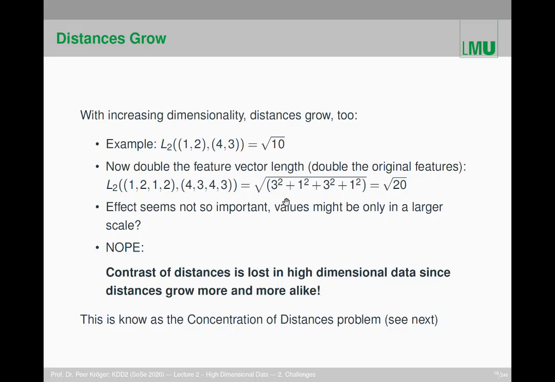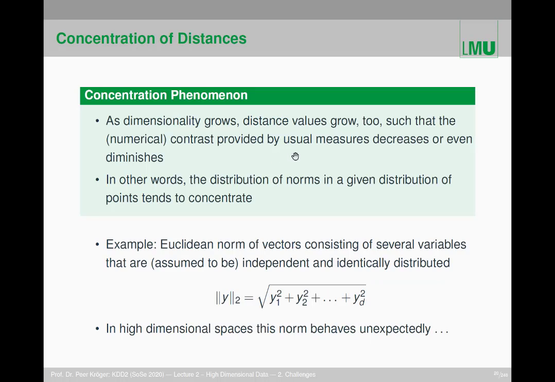So first of all, we agree that the distances grow. What impact can we follow from that? And that is this concentration phenomenon. As dimensionality grows, distance values grow, and they grow such that the contrast provided by usual measures decreases or even diminishes. What does it mean?